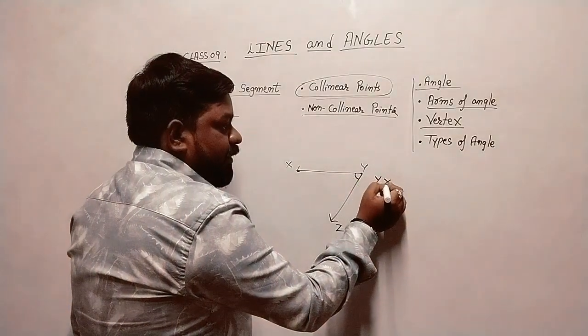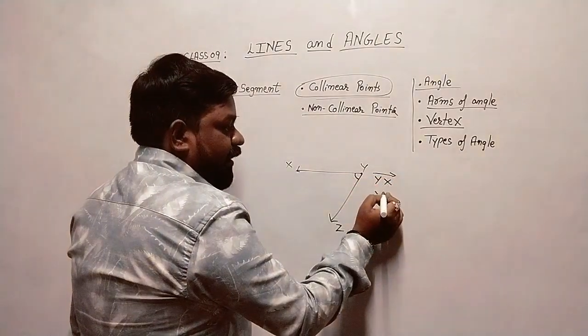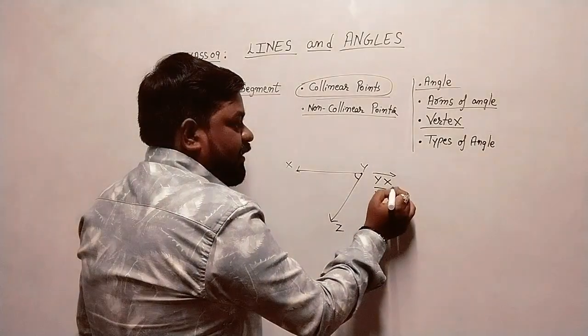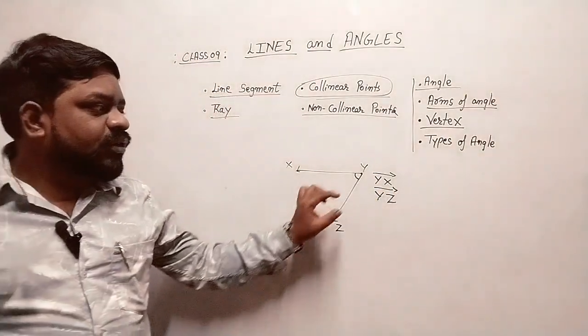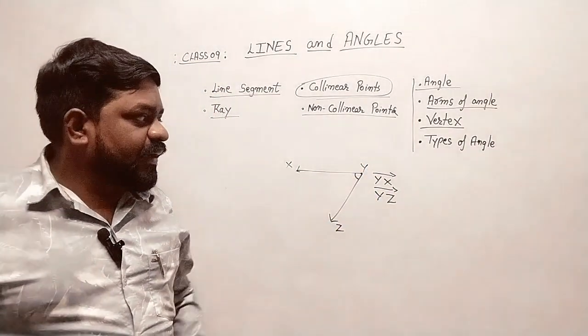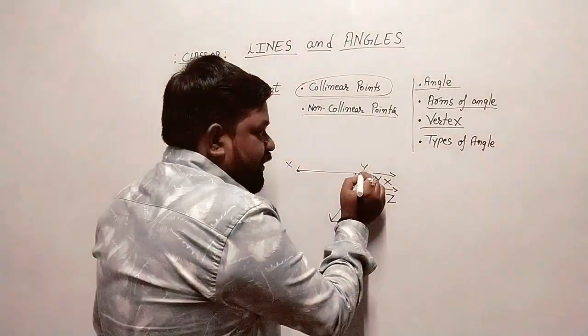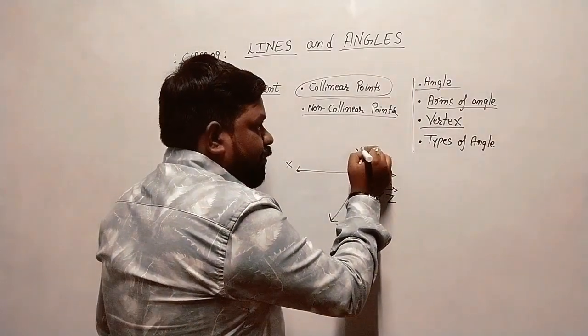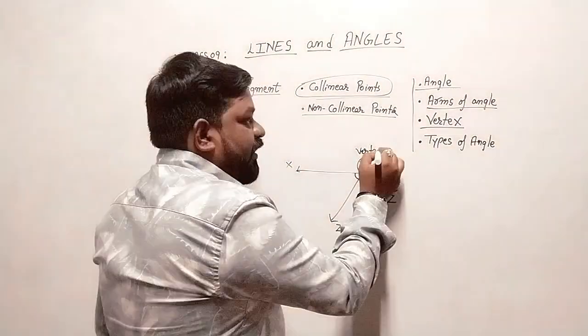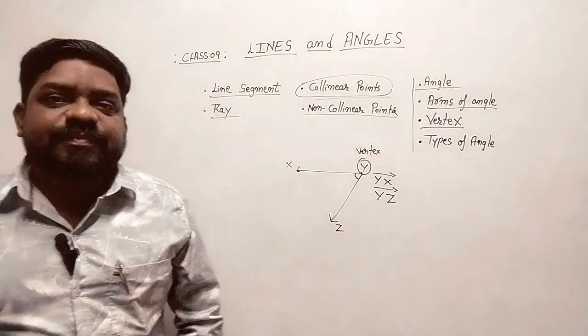YX and YZ are the two arms of the angle. And the vertex? What is the vertex? Point Y is the vertex.